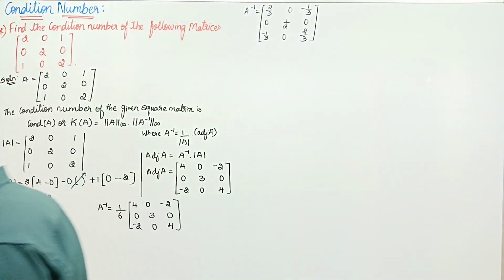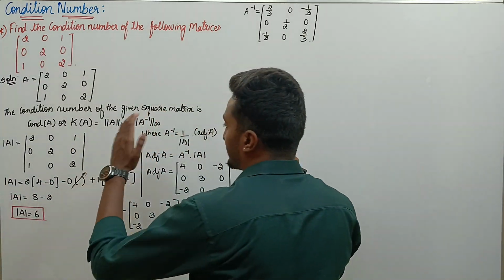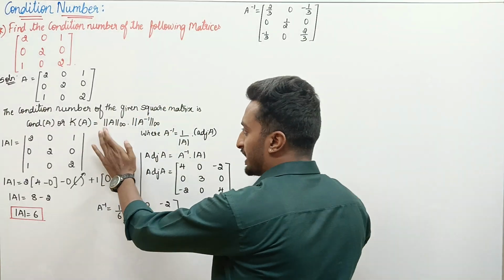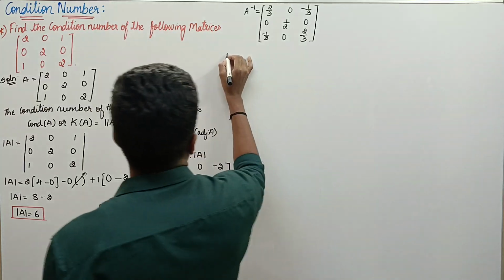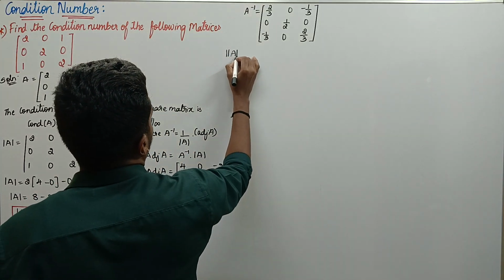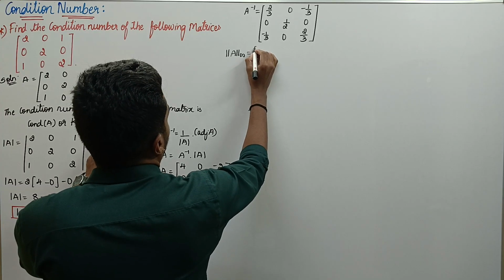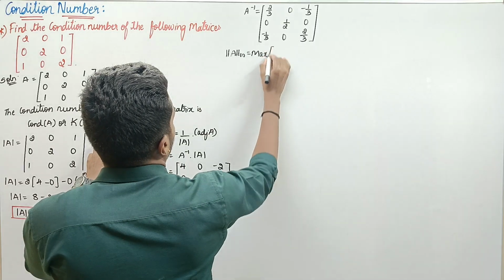After finding A inverse, now you can easily find the norm. Now let us go with the condition number. See, we have found A inverse. The next step is to find norm A infinity and norm A inverse infinity. That's it. Let us find first norm A infinity. Norm A infinity is equal to, you need to add the maximum of the matrix row wise.